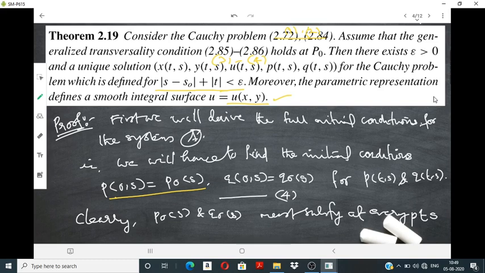We know that these must satisfy the transversality condition at every point. We have to choose p naught s and q naught s in such a way that they satisfy the compatibility condition and the transversality condition at every point s.